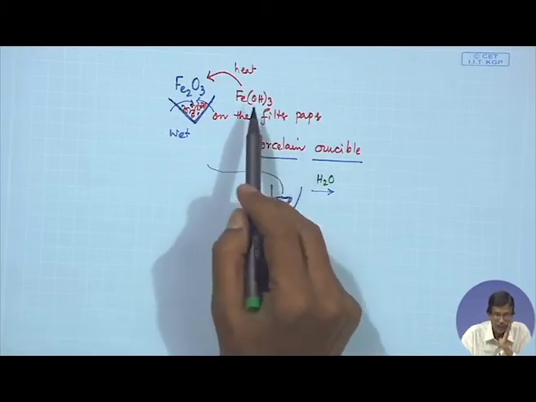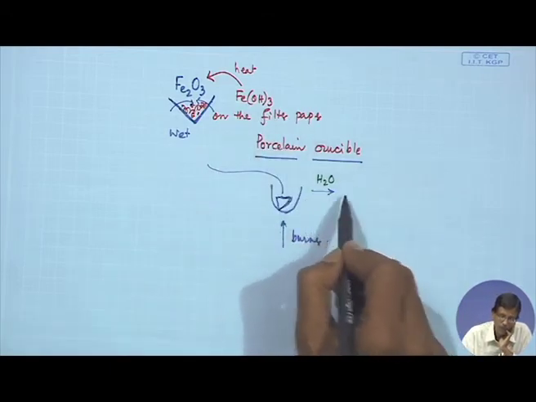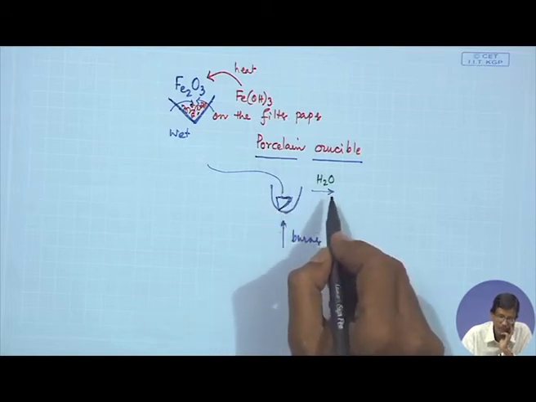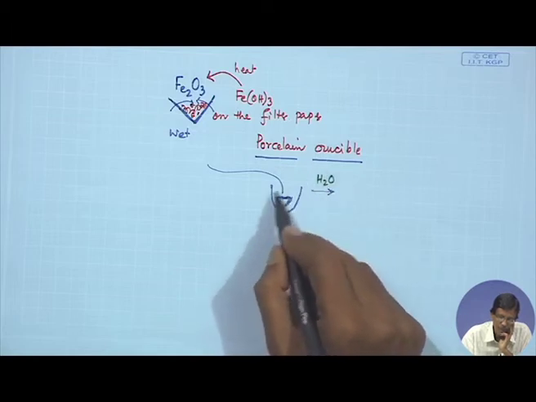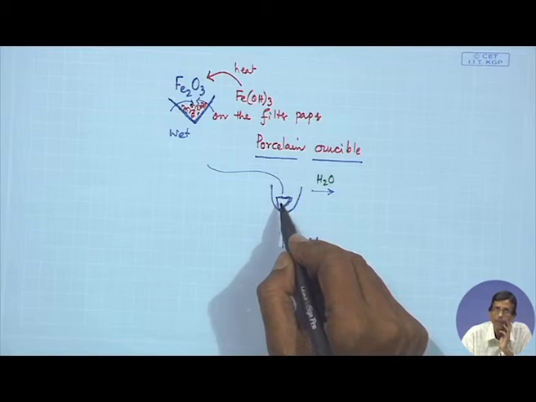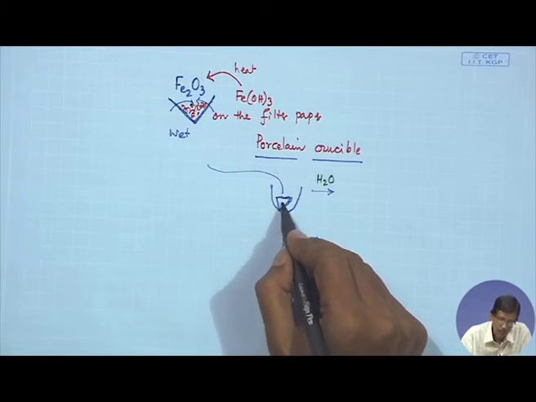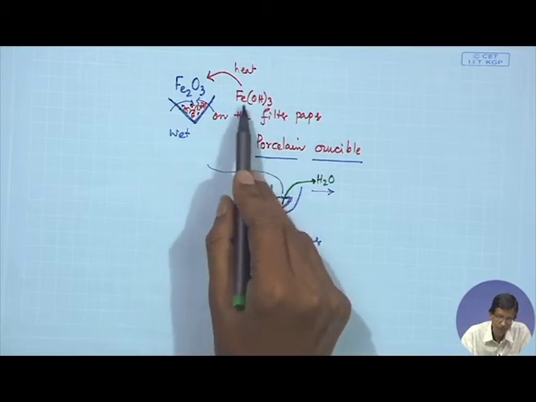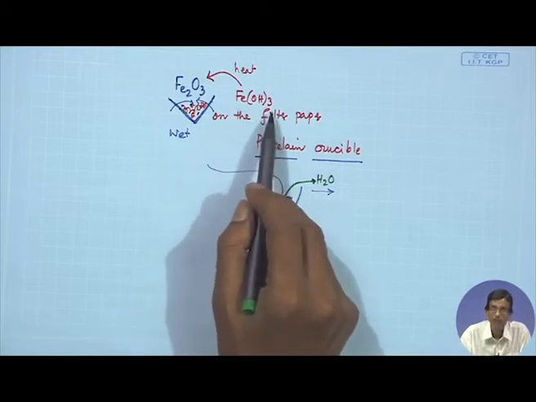These trapped water molecules will go during heating at 100 to 120 degrees centigrade, so the water vapor and moisture will go. Then you get the dry filter paper, and slowly water vapor will also come from inside, that is, the trapped water molecules inside the ferric hydroxide bulk.